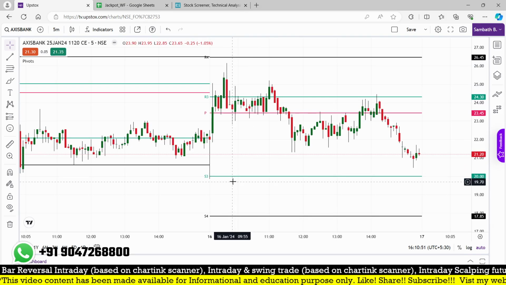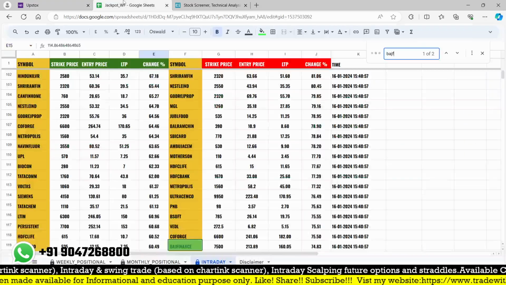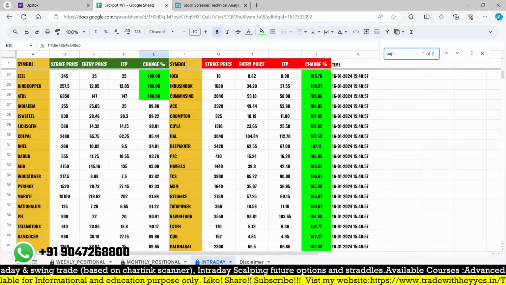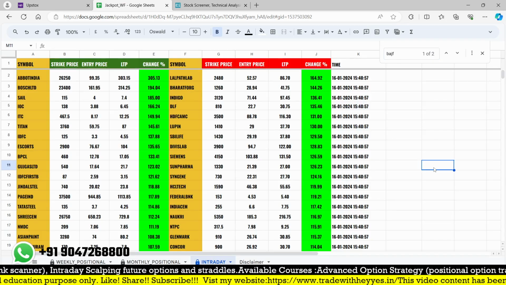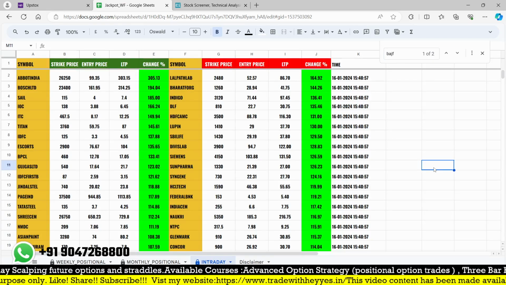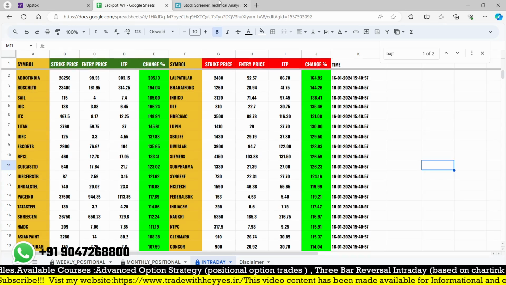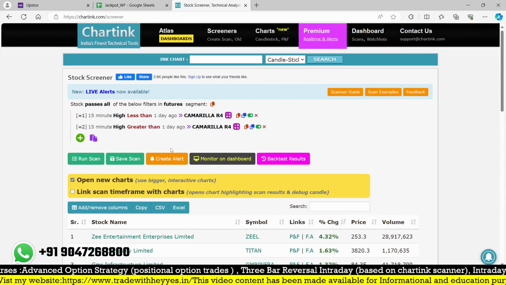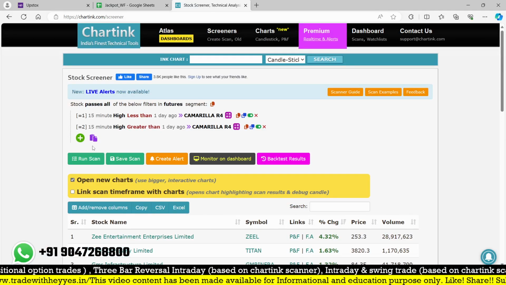So what we are exactly looking for here is to select the stocks based on our Google Sheet. In the top listed stocks, we need to find the opportunity. Some of the stocks may be triggered by the opening itself. That kind of stocks we don't need, only the stock which breaks after 9:15. So with this Camarilla R4 scanner, we can find a fresh breakout that does not happen in the first 15 minutes.